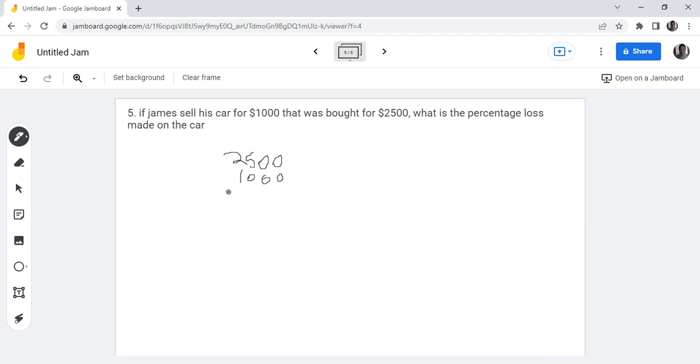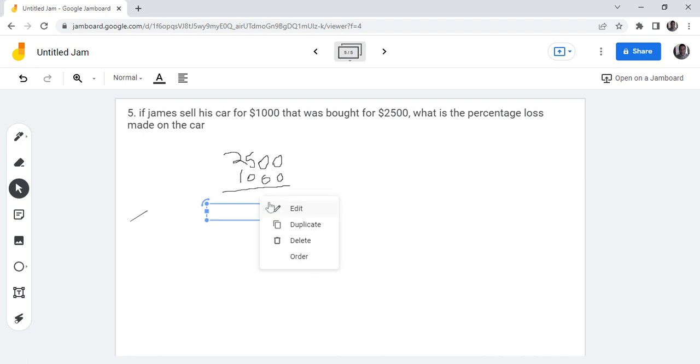So 2,500 take away 1,000. Let me write this right here. Loss equal to 2,500 take away 1,000, which equals 1,500.